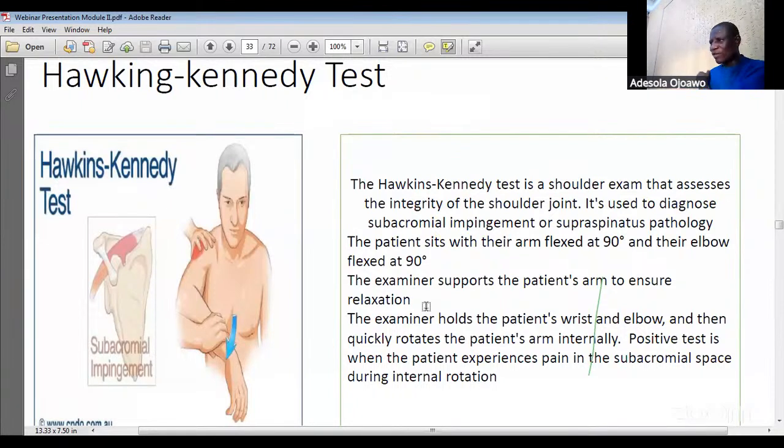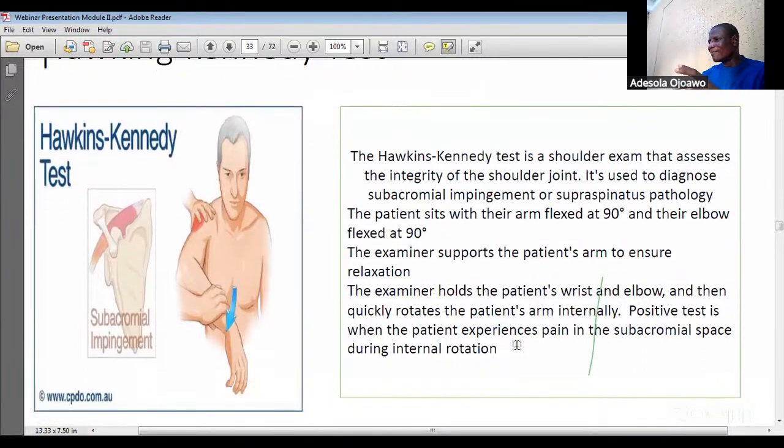The elbow is flexed to 90 degrees, and the shoulder to 90 degrees. The examiner holds the patient's wrist and elbow and then quickly rotates it internally. Once you rotate it, for it to be positive, there will be pain at the subacromial space.